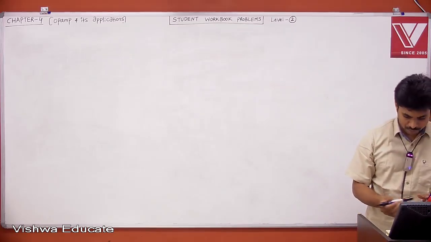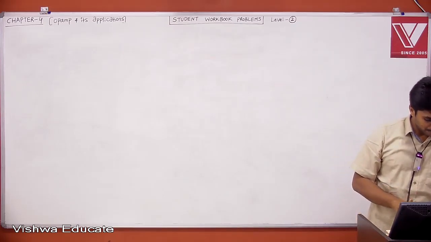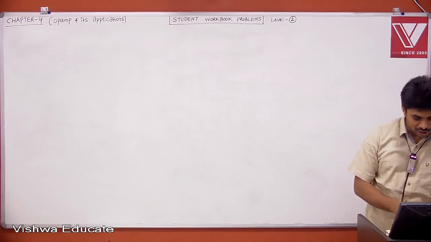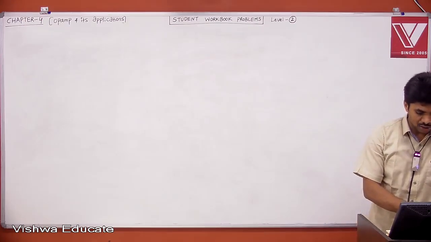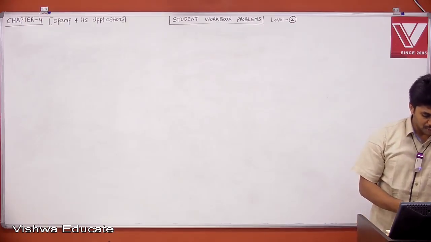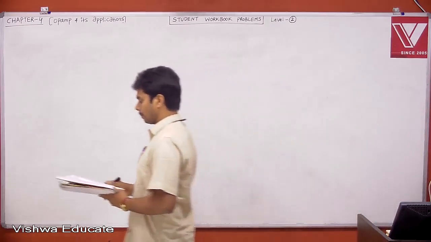Problem number 5. For the circuit shown in the figure, the capacitor C is initially uncharged. At a time t equal to 0, the switch is closed. The voltage Vc across the capacitor at a time t equal to 1 millisecond is.